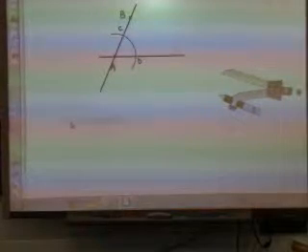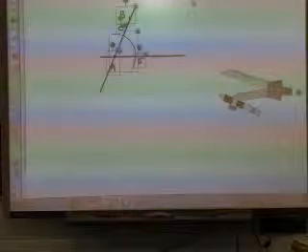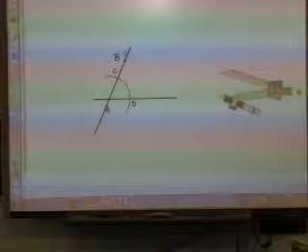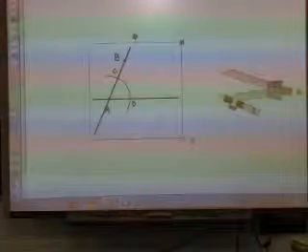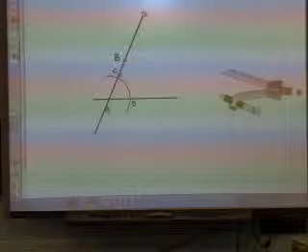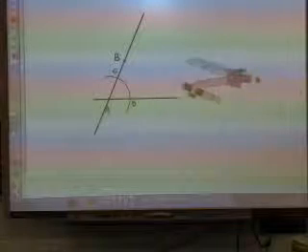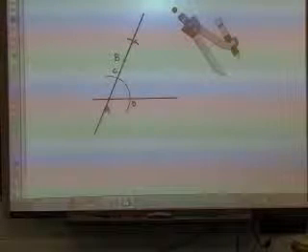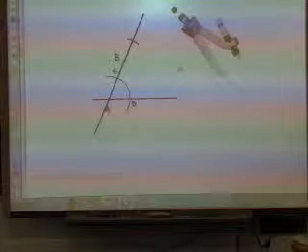Provided that you didn't start this at the top of your page, if I extend my line out, now I can draw my arc that is centered on B, and it hits this line. We're going to label that point E.